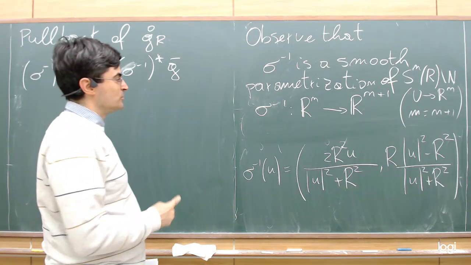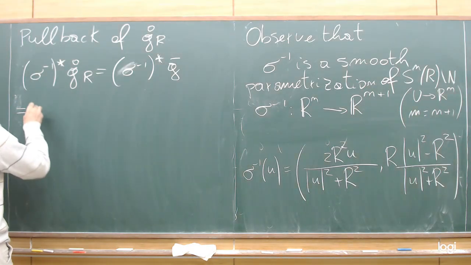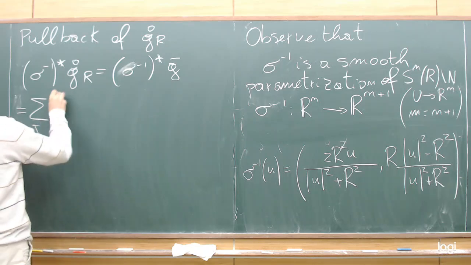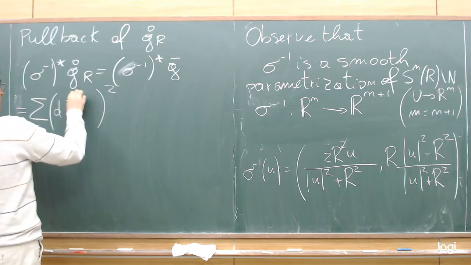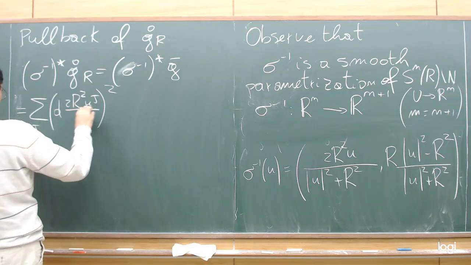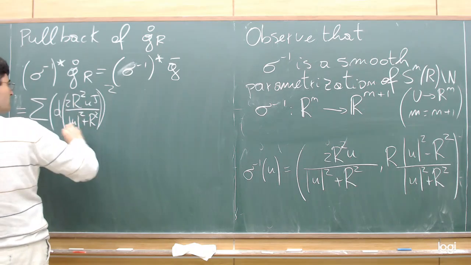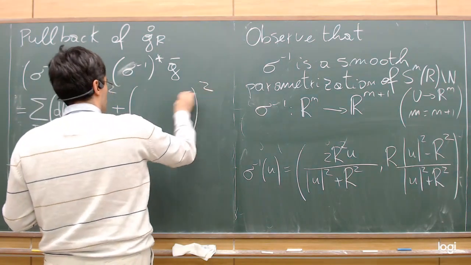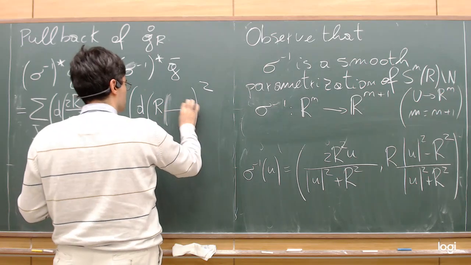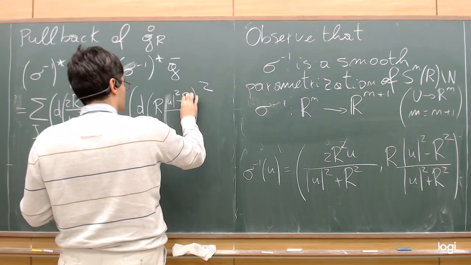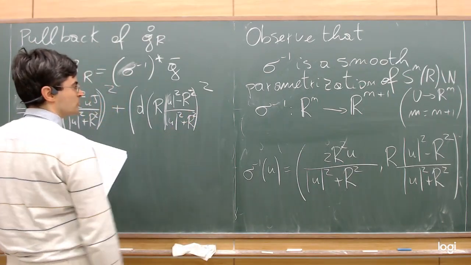And now I apply the formula I raised, and I get the sum on j of the differential of 2R squared uj over |u| squared plus R squared, plus the differential of R(|u| squared minus R squared) over |u| squared plus R squared.